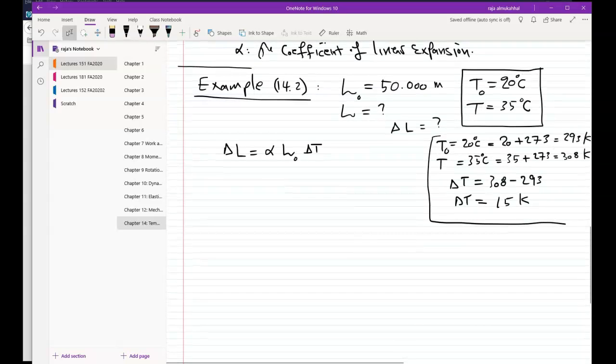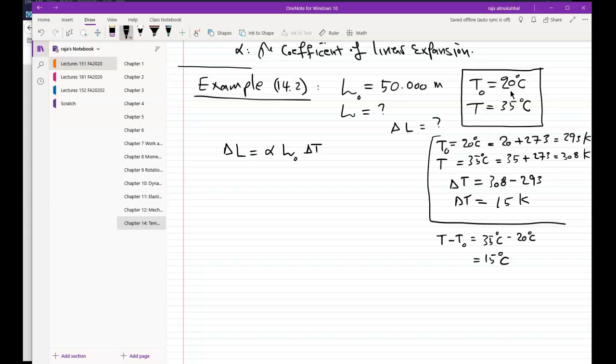But because it's a delta, not a T by itself, if I take the difference between them without converting it to Kelvin, I will always get the right answer. In other words, if I just go with T minus T naught, where both are in Celsius, 35 degrees Celsius minus 20 degrees Celsius, this will also give me 15 degrees Celsius.